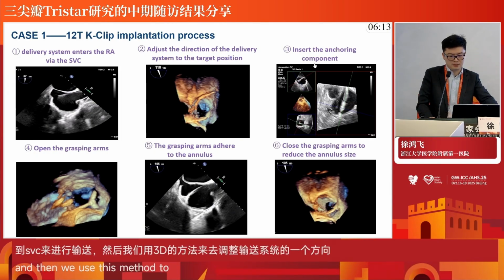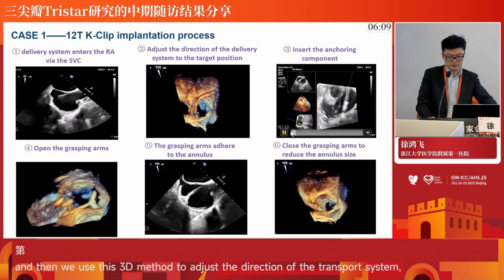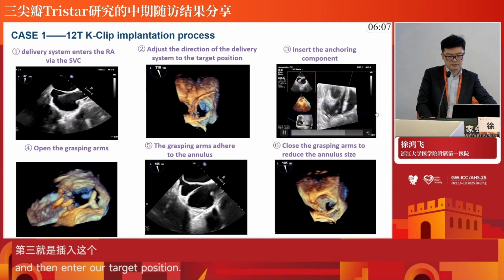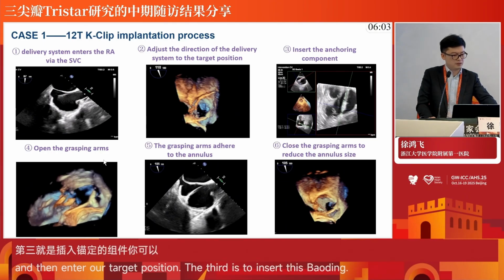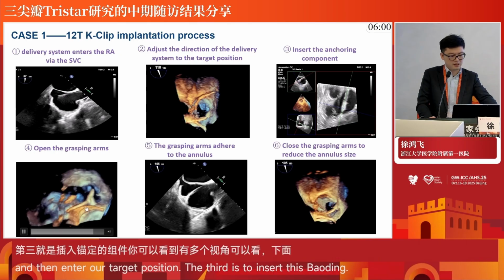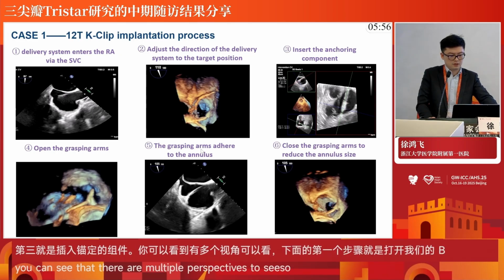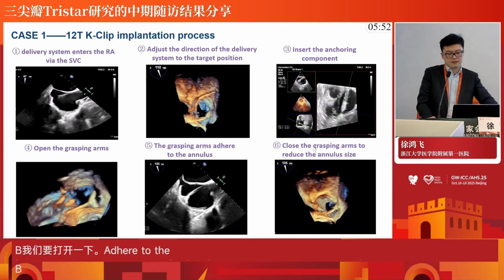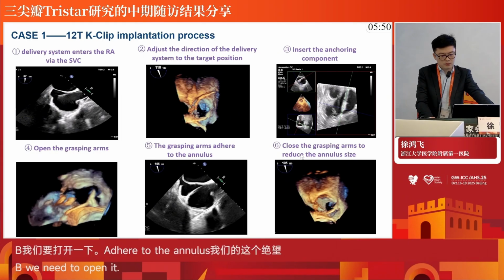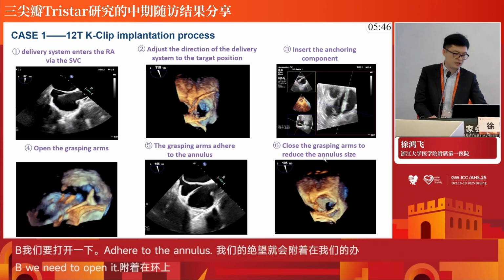The third step is to insert the anchoring component with the multi-view. Then the fourth step is to open the grasping arms. You can see this is the arm. Then the grasping arms adhere to the annulus. The last step is to close the grasping arm and evaluate by the echo.